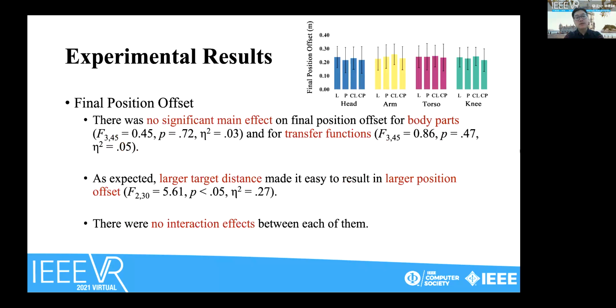For final position offset, there was no significant effect for body parts or for transfer functions. As expected, large target distance made it easy to result in large position offset, and a low interaction effect was found.